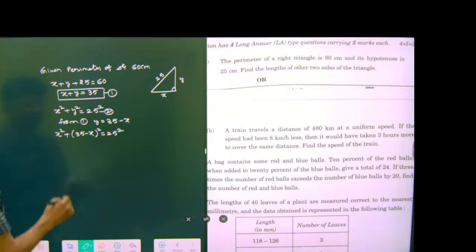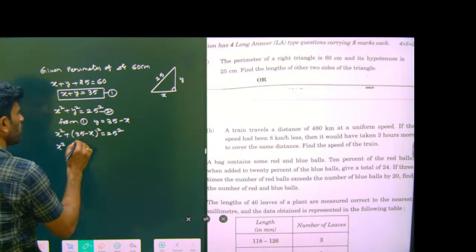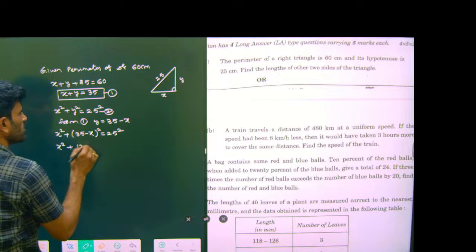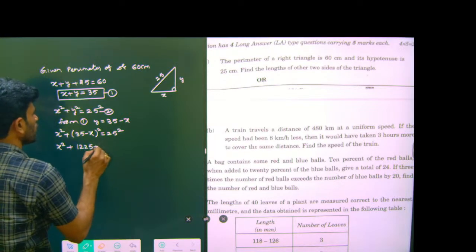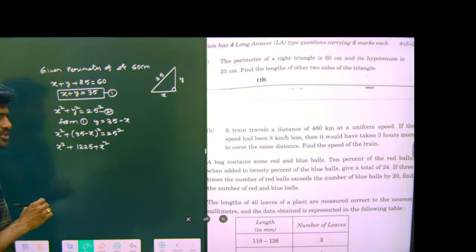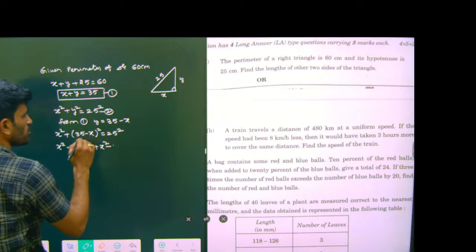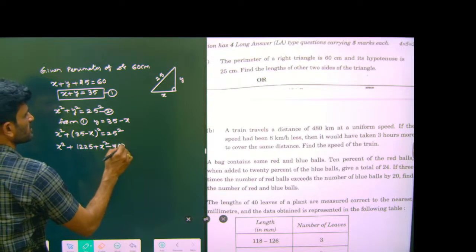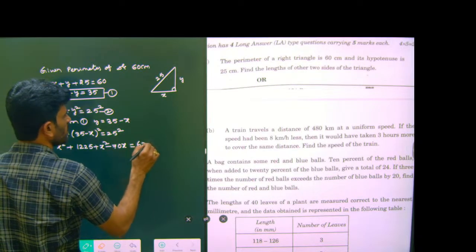Here x square as it is, but here we use a minus b whole square formula. 35 square is 1225 plus x square, a square plus b square minus 2ab. A square 1225, b square x square, minus 2ab is 2 into 35, 70, minus 70x is equal to 25 square. 25 square is 625.